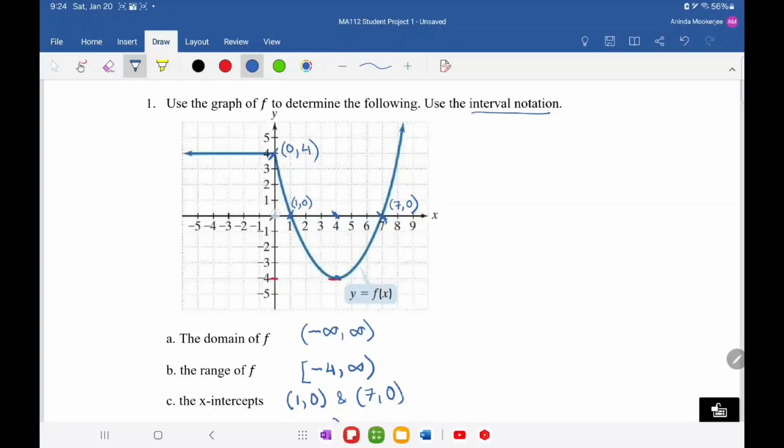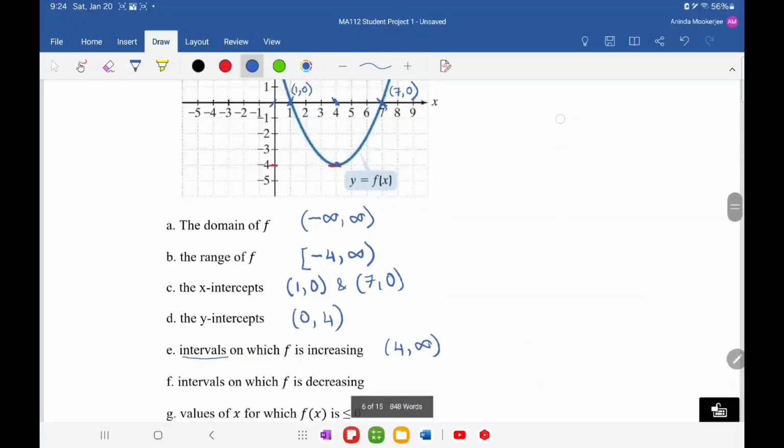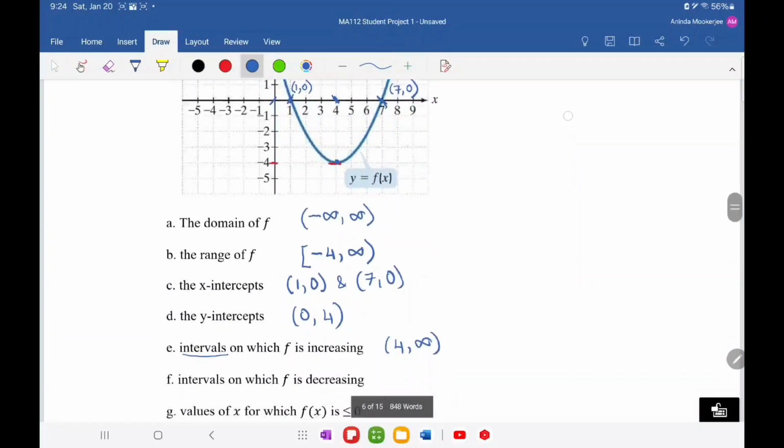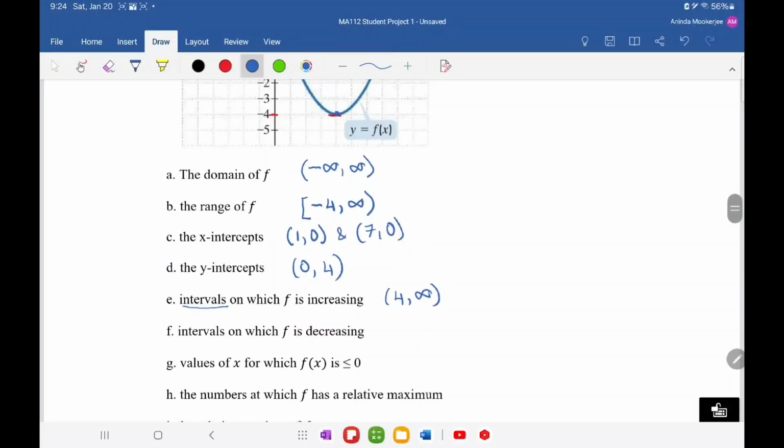So from here, this is 0, right? x is 0 here and goes all the way to positive 4. All right? It decreases in that interval. So (0, 4).